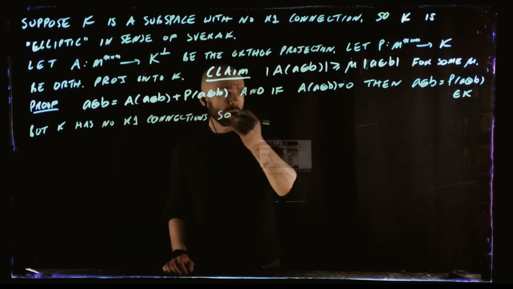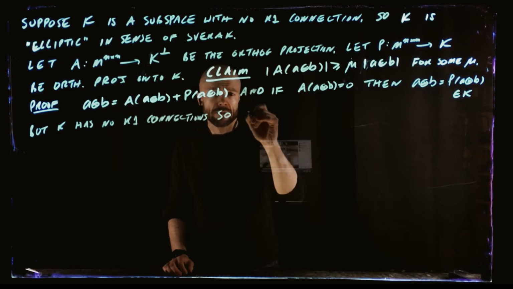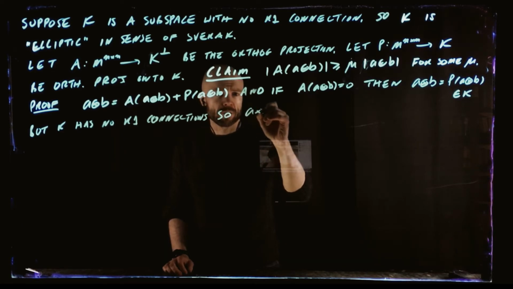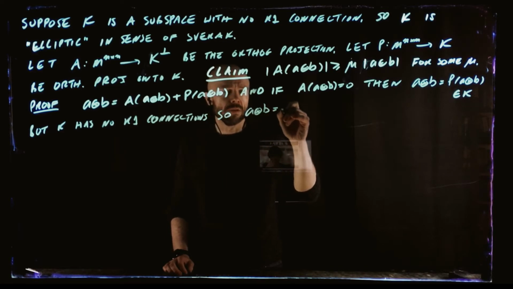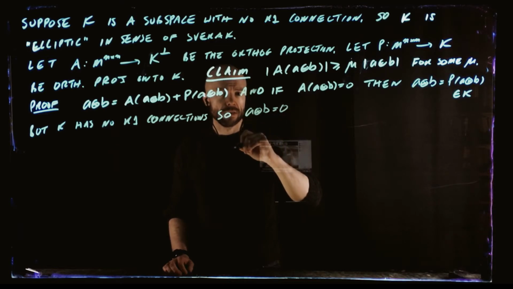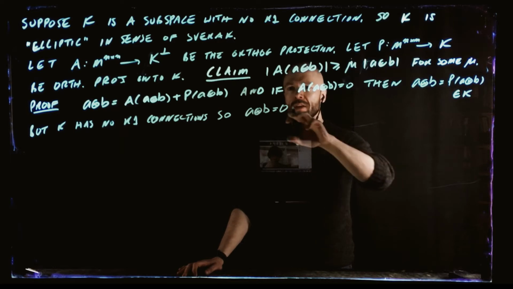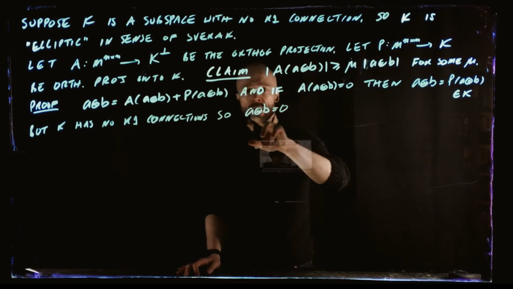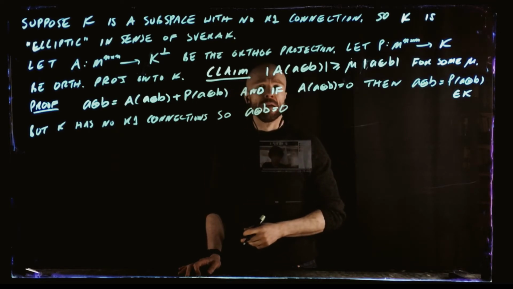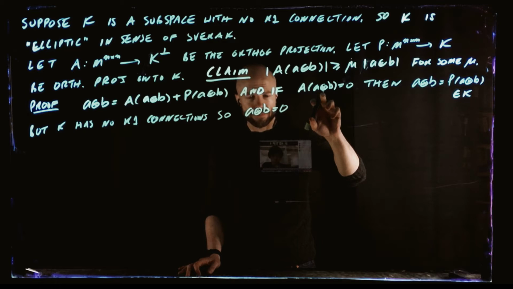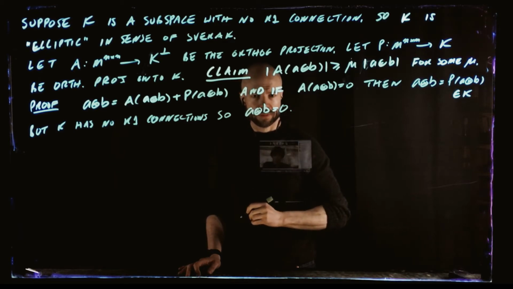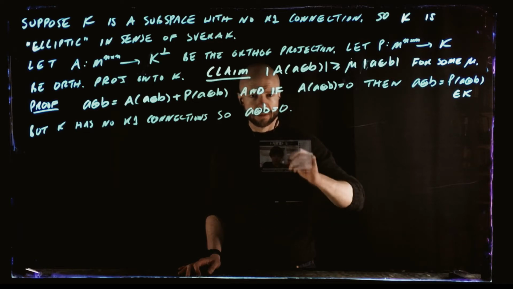So that would imply that A cross product A has to equal 0 itself. Yeah? Because the only way we can have a rank-1 matrix inside K, which has no rank-1 matrix, is if this guy is equal to 0. So if we have a non-zero rank-1 matrix A cross B, then we cannot have this. Everybody with me?